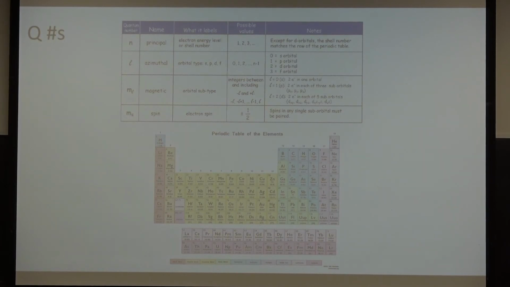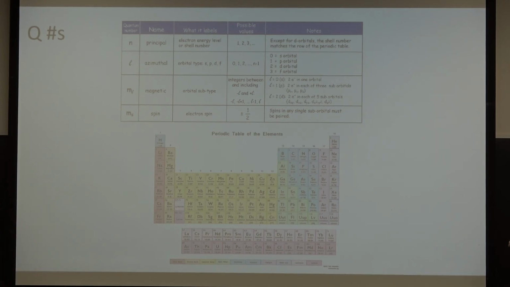L goes up to n minus 1. Yeah, that's right. L is what orbital you are. If you just remember SPDF is 0, 1, 2, 3, you're always golden. So then my question is, when would you have n equals 4 or L equals 3? When would you have L equals 4? N equals 4 and then L equals 3.